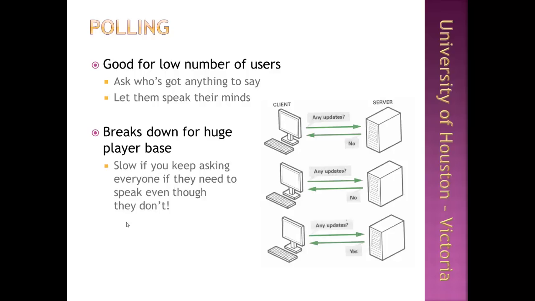If not, then it goes quiet and waits until another time interval has lapsed, and then it asks again for the updates. This is an example that's illustrated here. It can also go the other way. The server can keep asking all the clients if they have anything to say and make all the necessary changes.